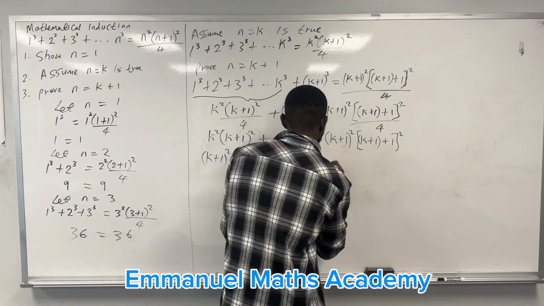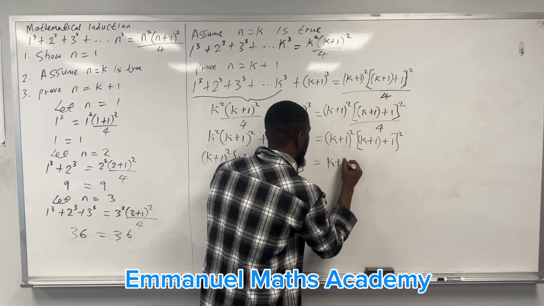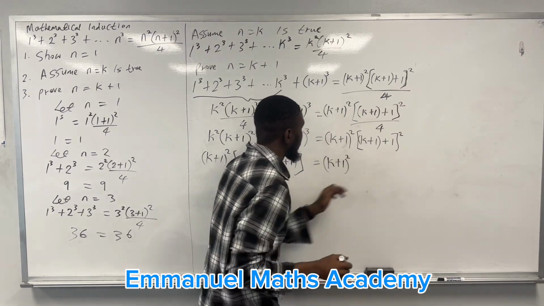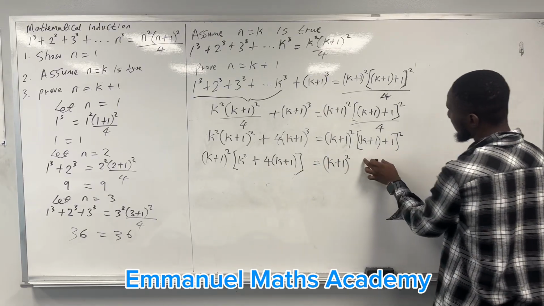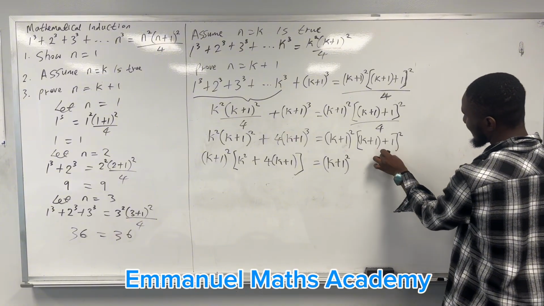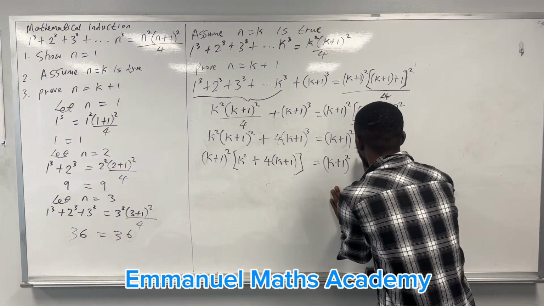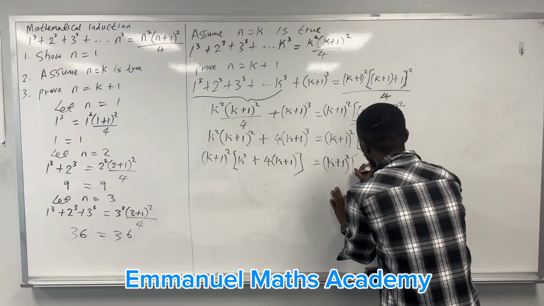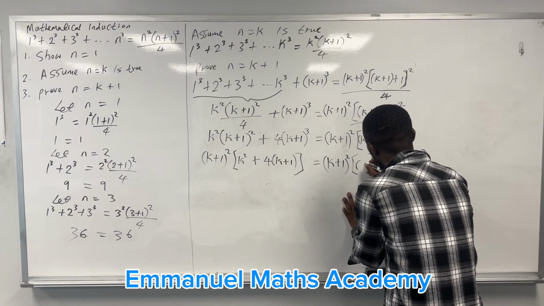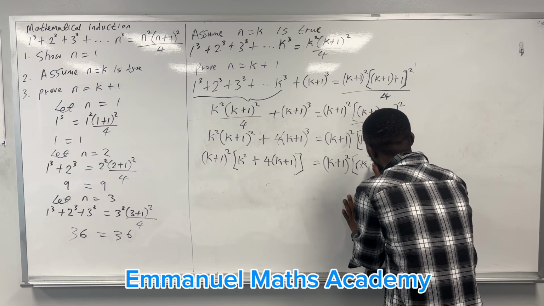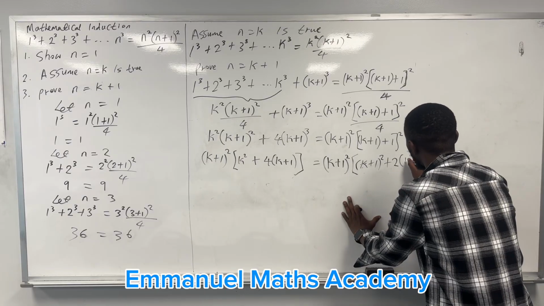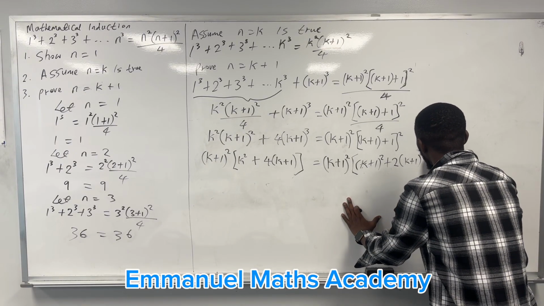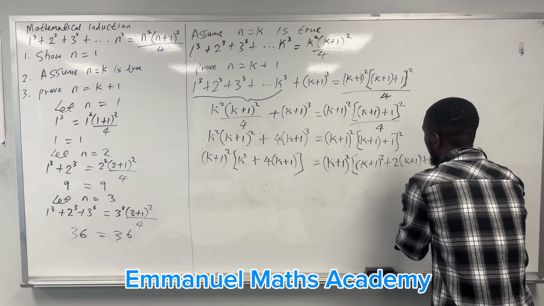What about this side? We have the same thing here. You can see that they are the same, because if you expand this, remember that this square comprises both this and this. Hence, all this is equal to K plus 1 squared plus 2 into K plus 1 plus 1 squared.